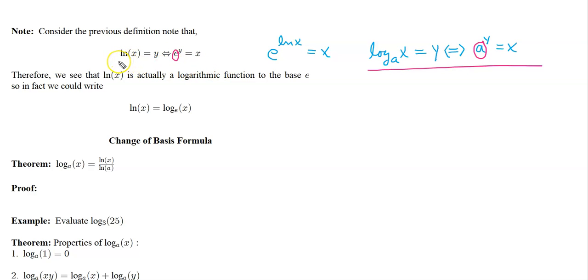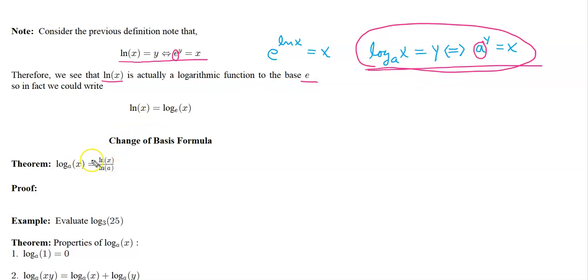So what we see here is that actually the natural logarithm then is really a logarithmic function to the base e. So actually the ln of x is really log base e of x, because it follows exactly this rule right here when a is equal to e.